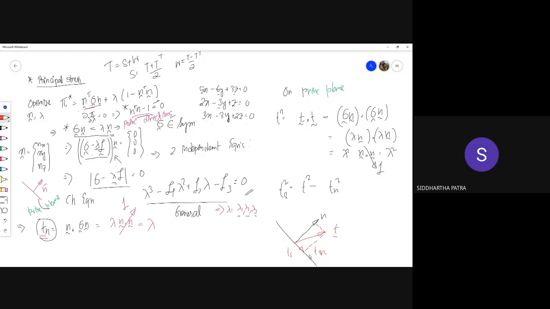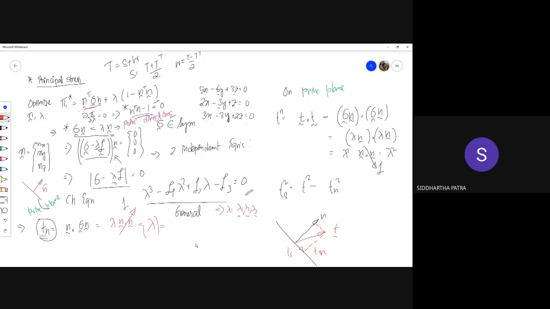And as it turns out, on a principal plane which optimizes the Tn, either in a maximum form or a minimum form, this eigenvalue of yours is actually the optimum value of Tn, right?